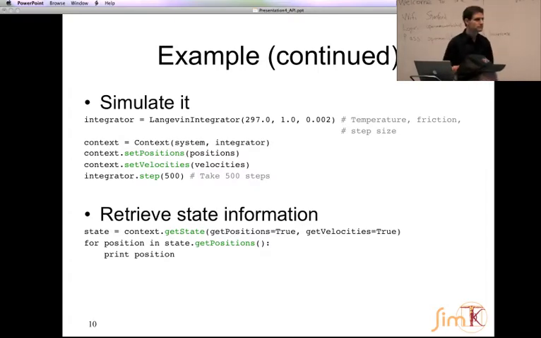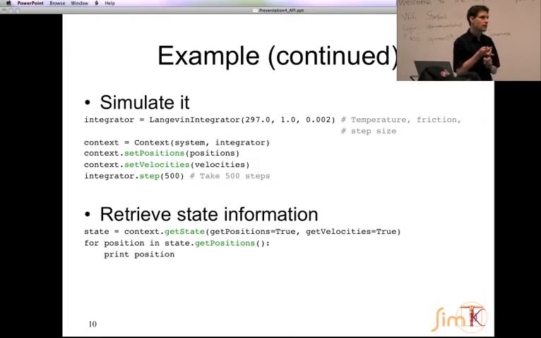Yeah? Langevin is the only integrator that OpenMM uses? No. We have lots of others. In fact, in his talk, he listed them off. So we have fixed time step Verlet, Langevin, and Brownian. We have variable time step Langevin and Verlet.